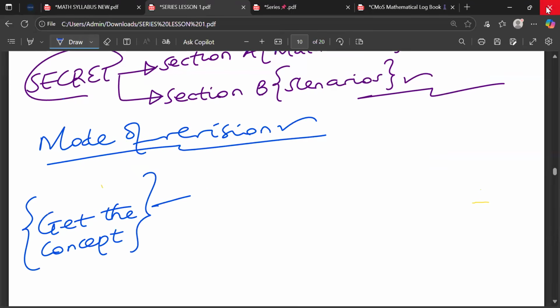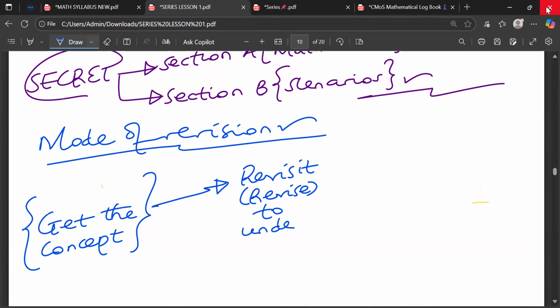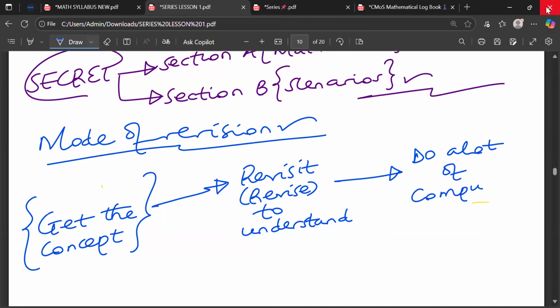After getting the concept, revisit the concept, or what they call revising, to understand the concept. After that, you now do a lot of computation tasks.